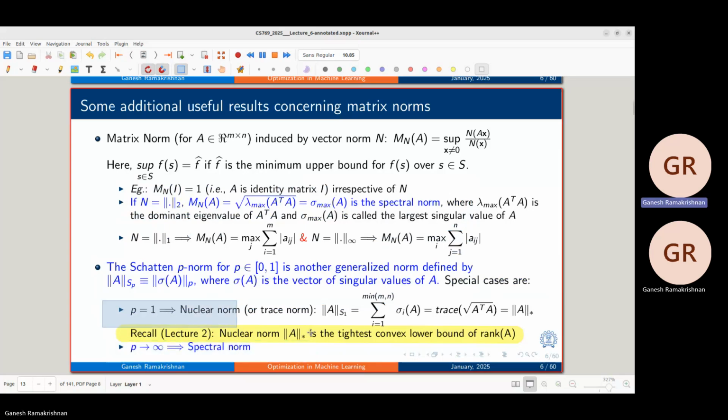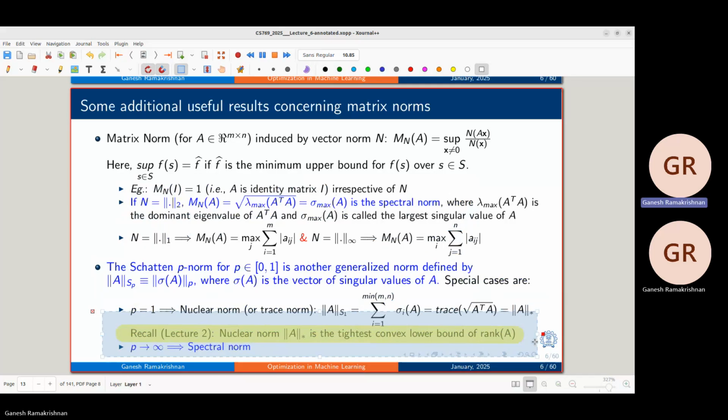There is another interesting norm which we have seen earlier, which is the nuclear norm. What is the nuclear norm? It's the sum of all the singular values. So far, what we have been discussing is always a max; the spectral norm is a max. But earlier, when we wanted to approximate the rank of a matrix, we looked at the sum of singular values. You remember the sum of singular values was a convex envelope around the rank function.